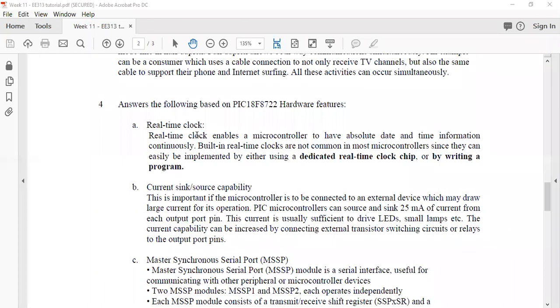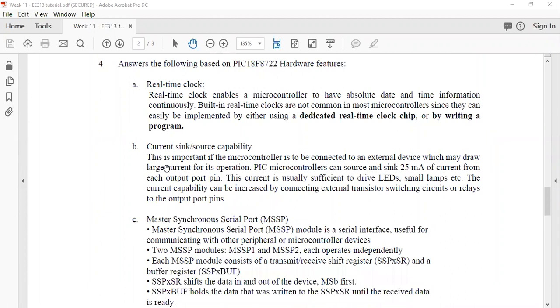Whenever we use this module, we can extract the absolute date and time information. It is not necessarily a feature that has to be built in. It can also be coded into a program.